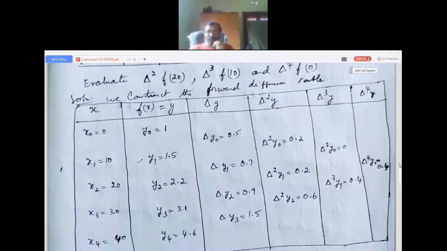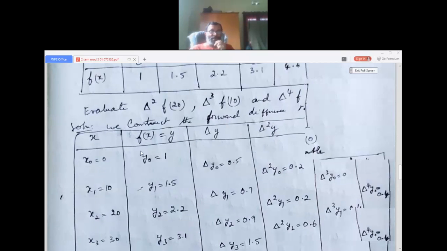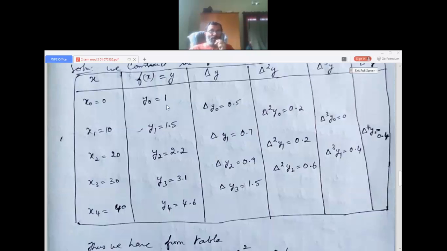Clear? Now after the entries I have written the y values as given in the question: y0 is 1, y1 is 1.5, y2 is 2.2, y3 is 3.1, and y4 is 4.6. I hope it is clear.